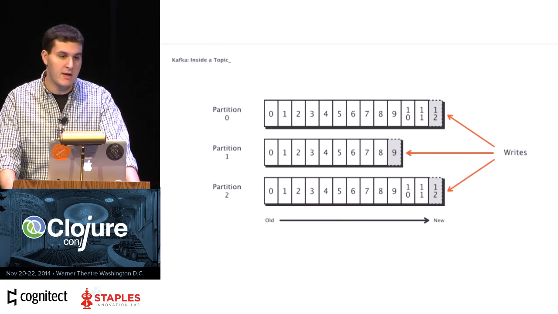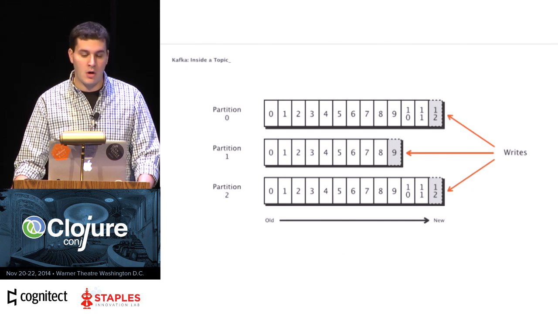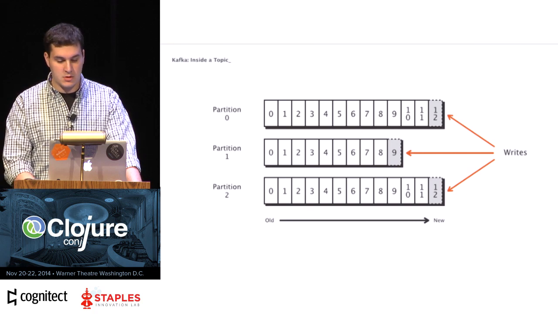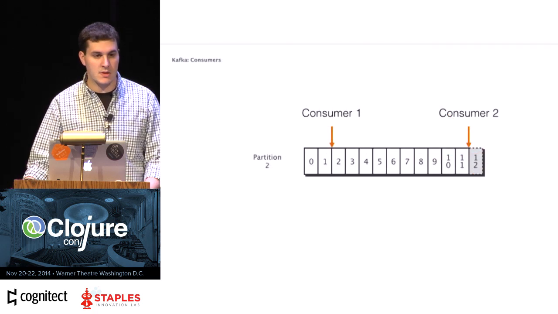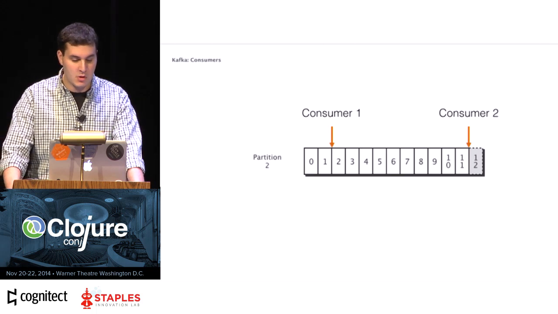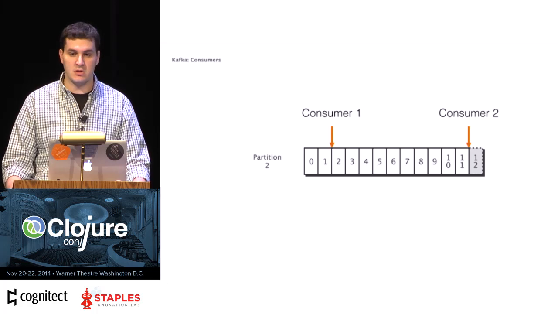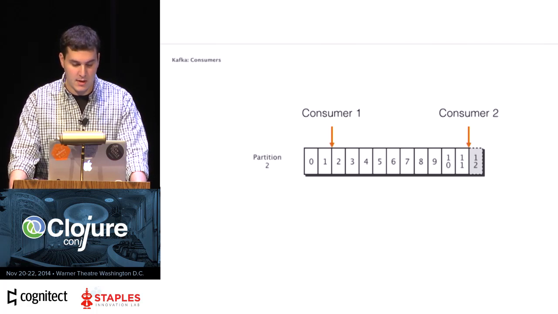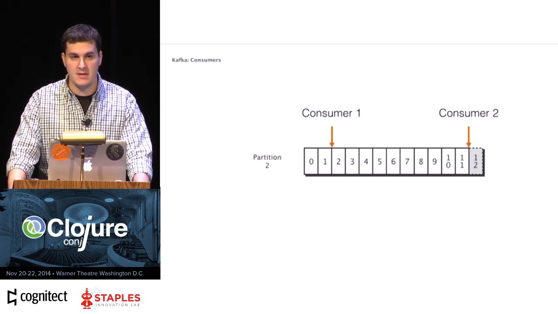But that means that if one of our backend systems goes down or our processing code goes down, we can actually just rewind our Kafka stream. And the way that works is it's the job of the consumer to tell Kafka which message it wants. So consumer 2 will say, hey, I've been consuming, and all of a sudden I realize Elasticsearch has been down for the last hour or whatever.